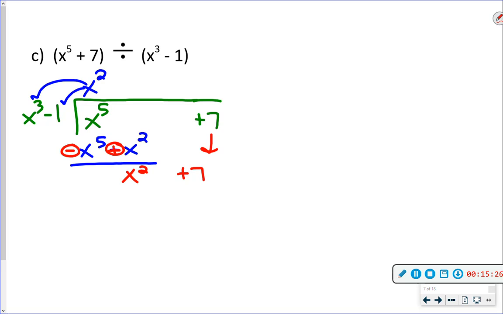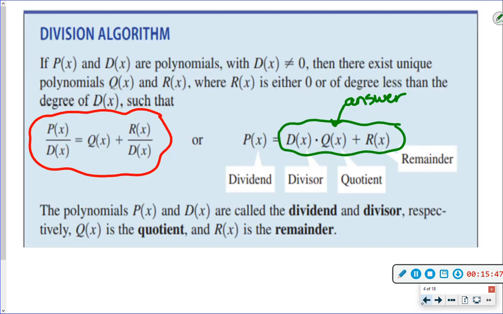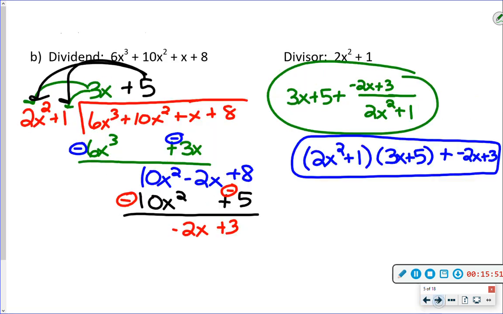So we have to write our answers, of course, in the two styles. The most common style: x squared, our quotient, plus the remainder over your divisor. And then the second style, just again to show you: our divisor times the quotient plus the remainder.